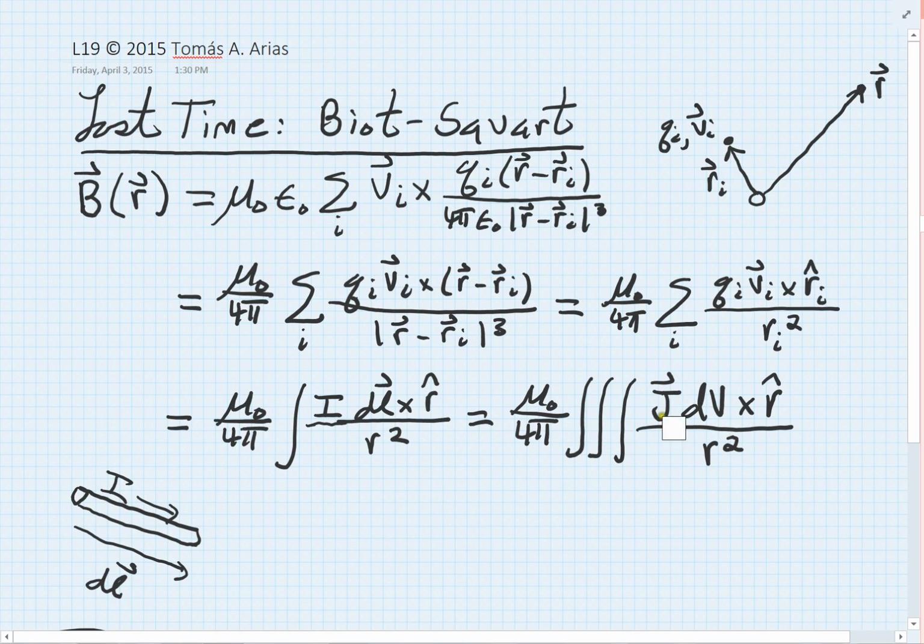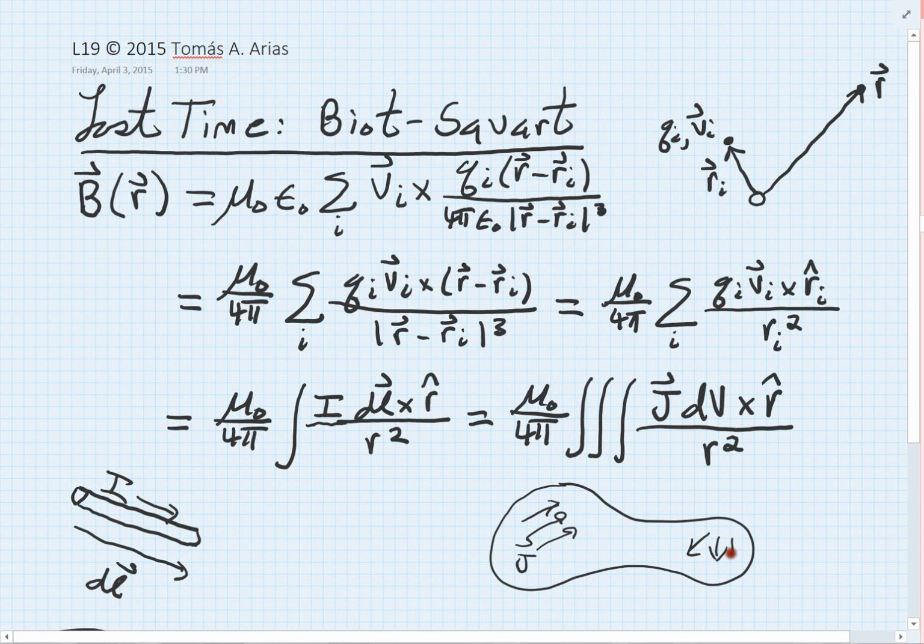If we're integrating over some kind of a volume, here I'll give you some kind of strange volume conductor where the current density J might point in different directions with different magnitudes at different locations within this strangely shaped material, in that case we would integrate over the entire volume of the material. What was current times distance then becomes current density times volume instead of distance. But the remainders of the formulas remain intact.